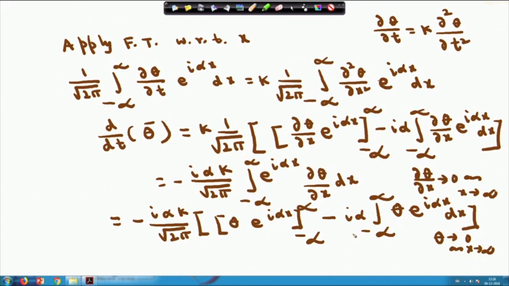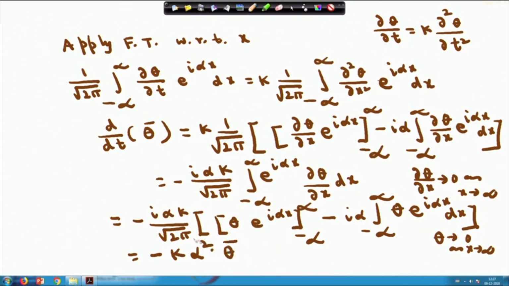So, you will have only this term; this minus will go over there, i squared, so again one minus will come. So, minus k will be there, and 1 by root 2π integral from minus infinity to infinity of θ e^(iαx) is nothing but your θ bar. So, this will be k α² into θ bar.